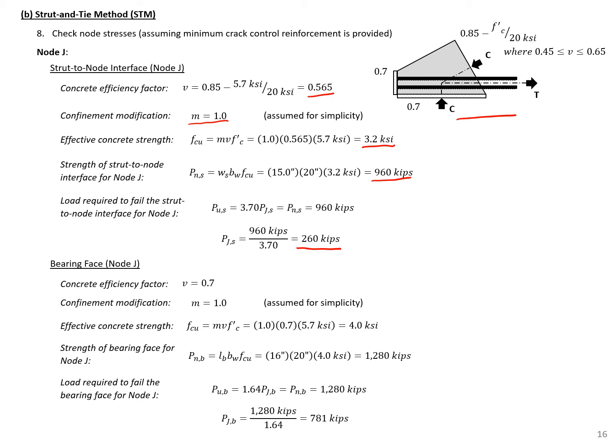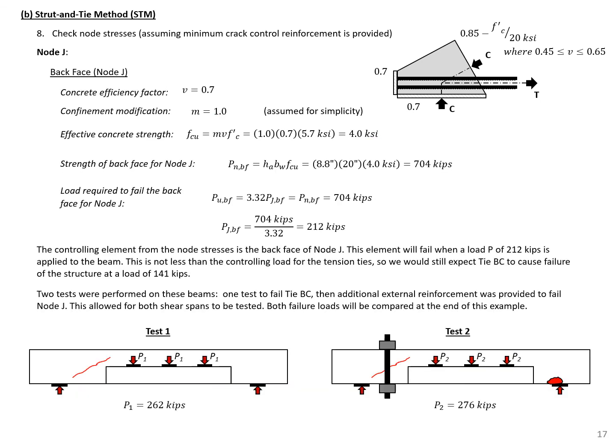Doing the same thing on our bearing face, we can find the capacity of our bearing face. We can also find the capacity of our back face for node J, doing the same procedure. And we can see here that the back face of the node would fail with a load of 212 kips. So this 212 kips is the controlling element in our struts.